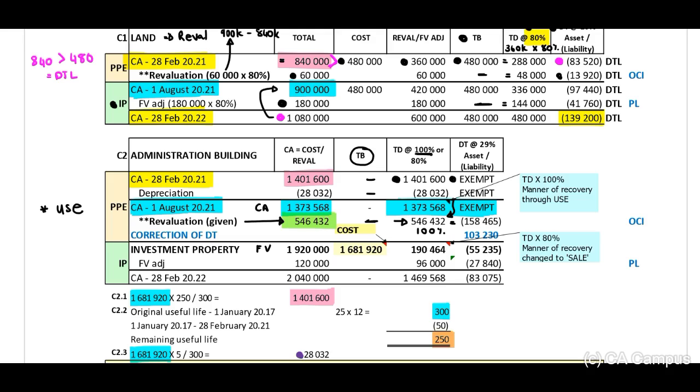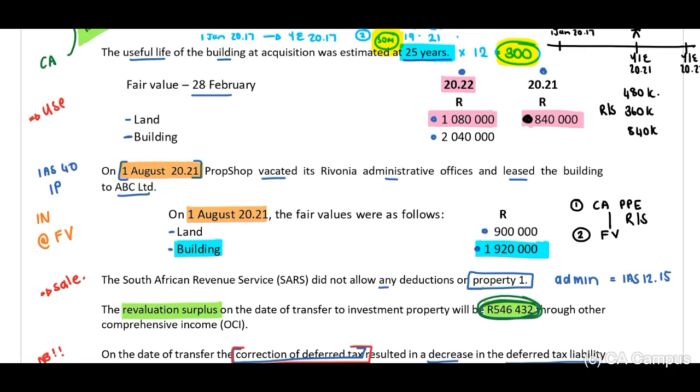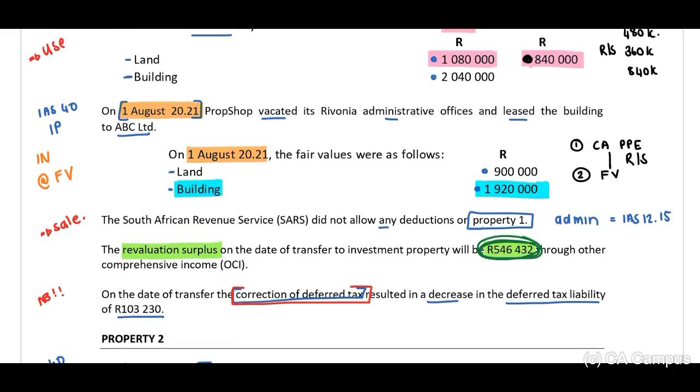Now, transfer to investment property. At date of transfer, you will remember that they have indicated to us, if you look at the last line item, on the date of transfer, the correction of deferred tax resulted in a decrease in the deferred tax liability of 103230.